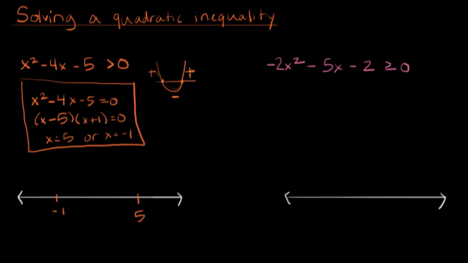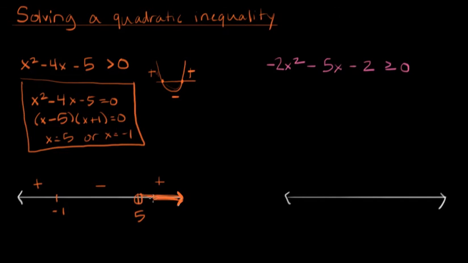So if you think about kind of shrinking that graph onto this number line, the area in between negative 1 and 5 is the negative area. The area to the left of negative 1 is positive, and the area to the right of 5 is positive. Those are where the positive values are, right? And these are where the negative values are. So if we want to know where it's greater than 0, it's everything over here.